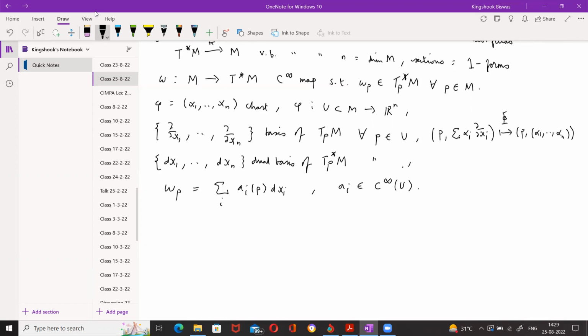And similarly for the cotangent bundle, the trivialization would be p comma the summation of ai dxi maps to p comma the vector a1 to an. Is this clear? Yes. So to say that omega is smooth means that phi composed with omega is smooth. That just means that the coefficients a1 to an are smooth. Is it clear? Yes, sir.